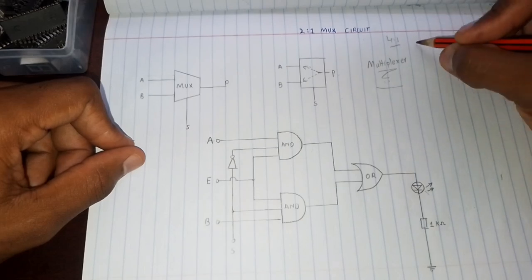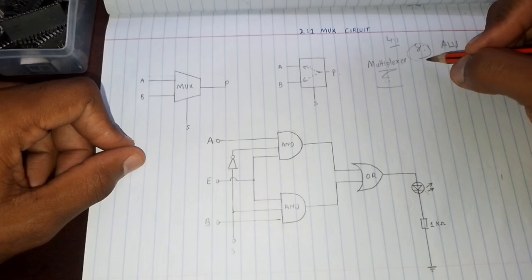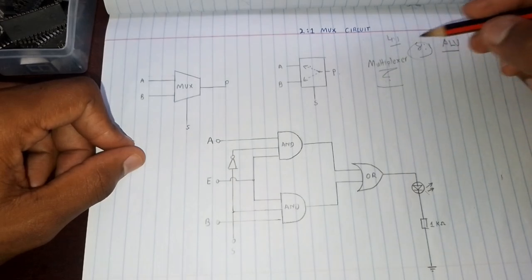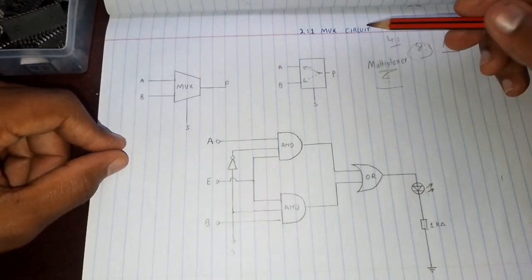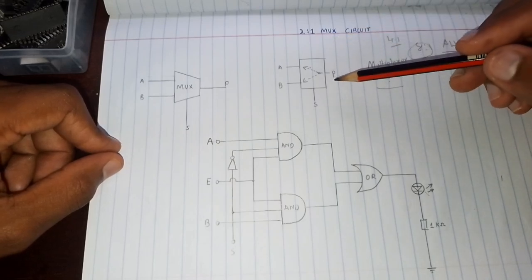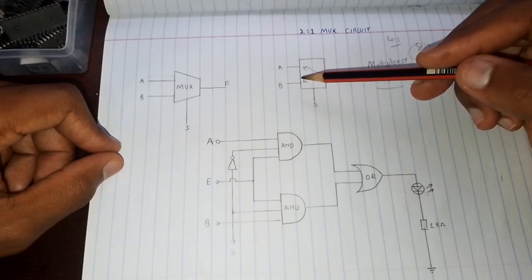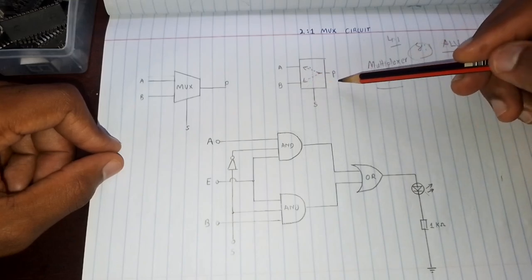So for me to go to an 8x1 multiplexer, I need another breadboard to demonstrate that. Today we are going to do a 2x1 multiplexer, and a multiplexer simply is a circuit that selects the input that you want to be shown at the output.